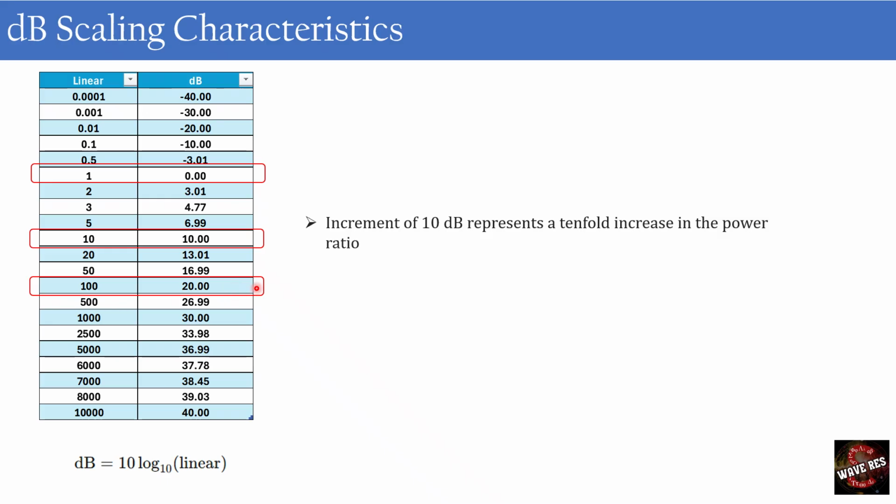But in linear scale, it will be a tenfold increase. So 0 dB corresponds to linear scale of 1, 10 dB corresponds to 10, and 20 dB corresponds to 100. So a 10 dB increase in dB scaling means a tenfold increase in the linear scaling. Here you can see 1 into 10 equals 10, 10 into 10 equals 100. So this is one of the characteristics.